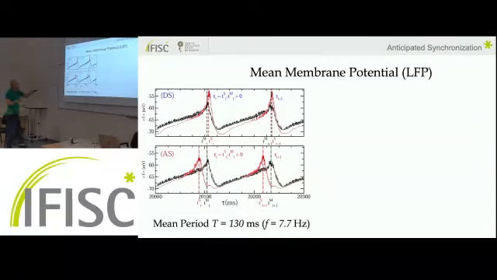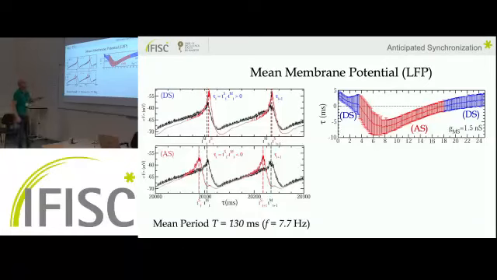But if you change some parameter that I will show you now, you see that the receiver population now pulses before. Although at the beginning it was delayed, at some point it evolved faster and pulses before the master one. So you see that we have anticipated synchronization. The receiver is pulsing before.